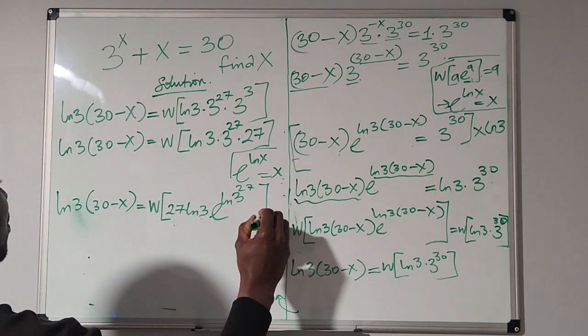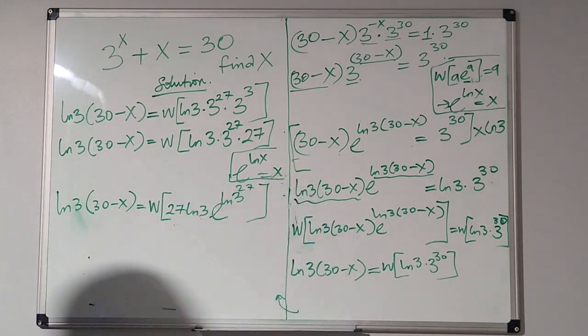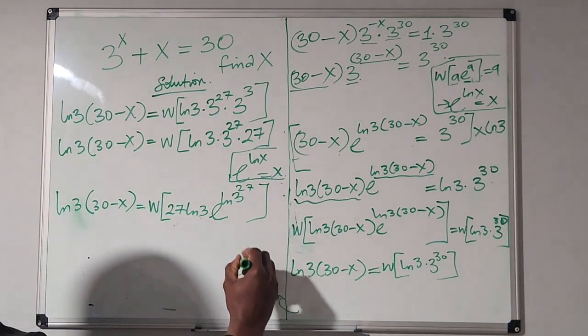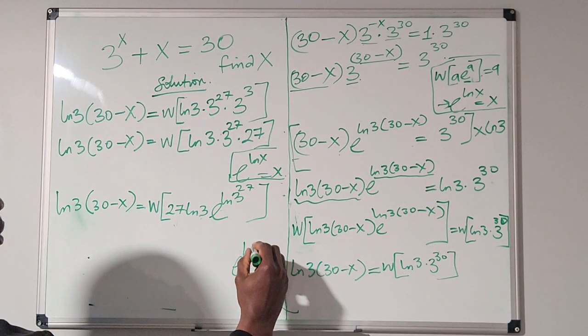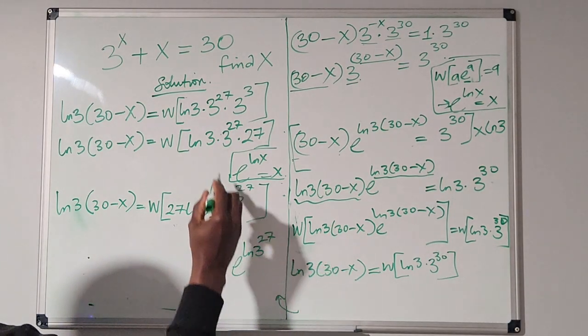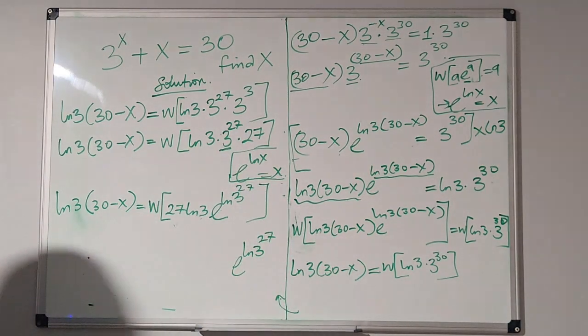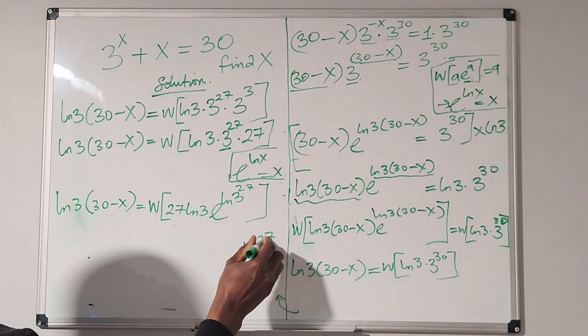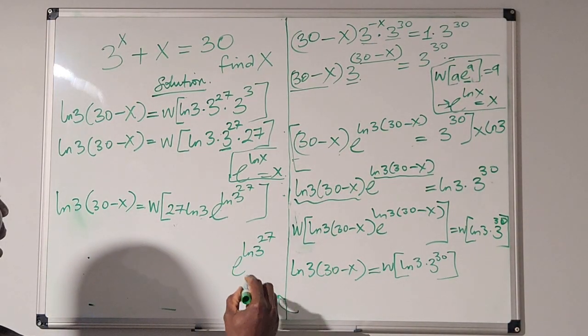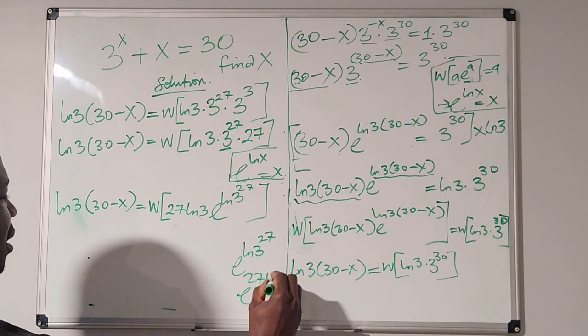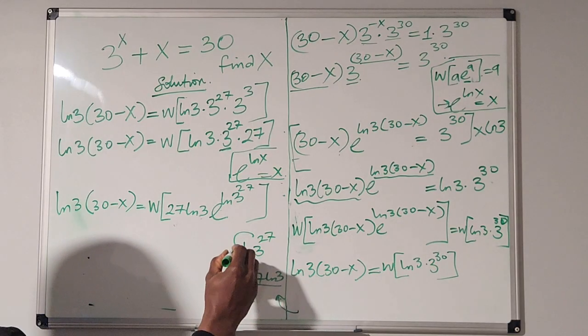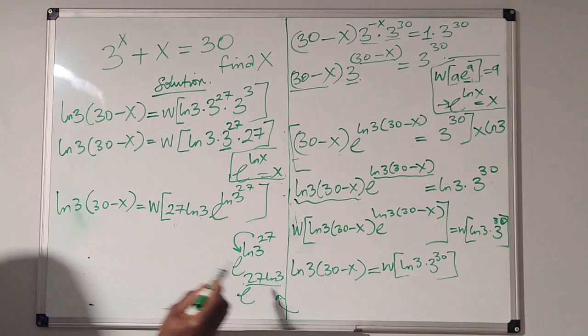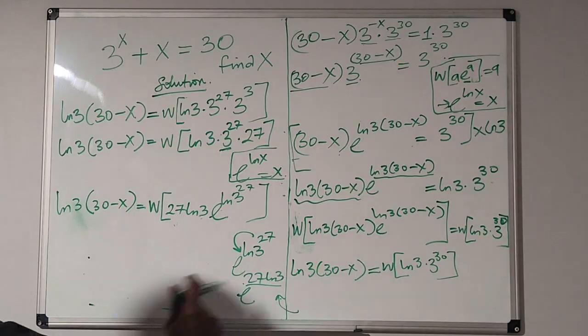Okay? So what we did here was e raised to power ln 3 raised to power 27. Now, we can rewrite this to become e raised to power 27 ln 3. This comes over here and becomes 27 ln 3.